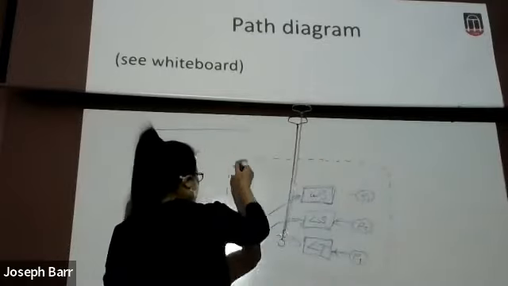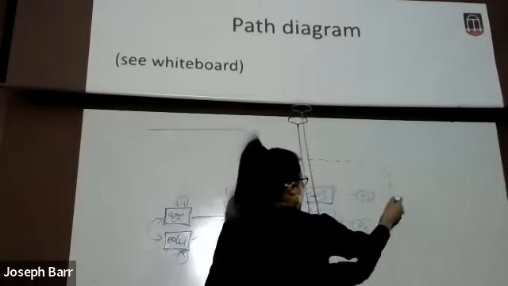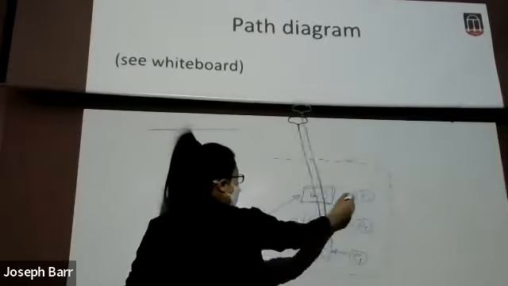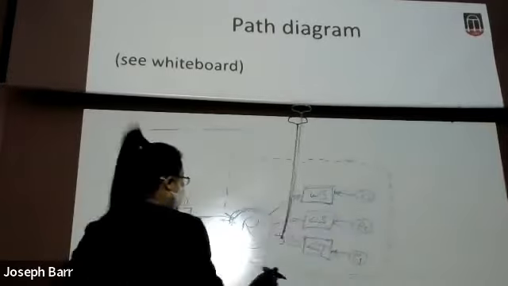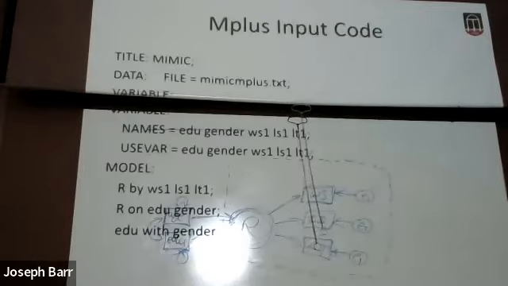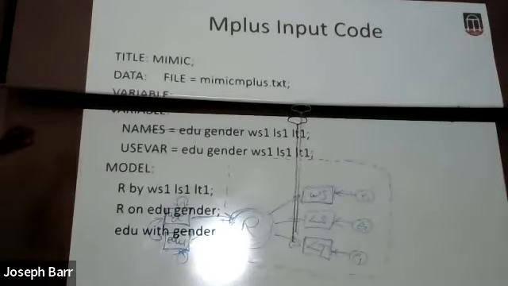This part is just our factor model. Okay. We have one factor here, we have some observed variables here. So we just change the path diagram into a factor model. Right, so that's it.